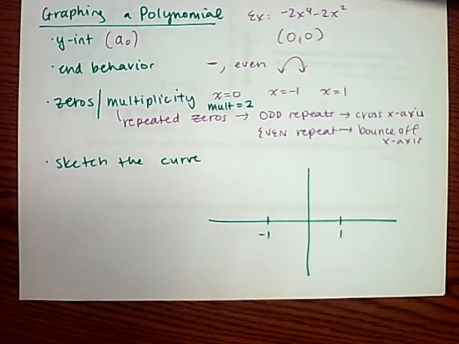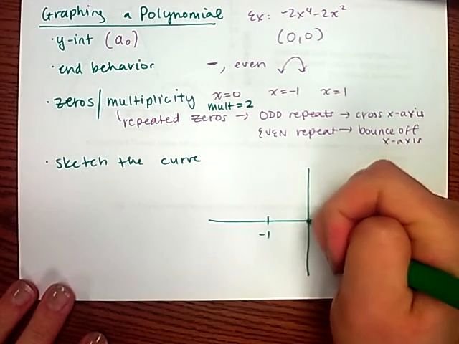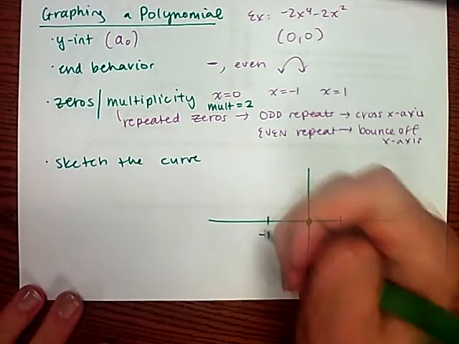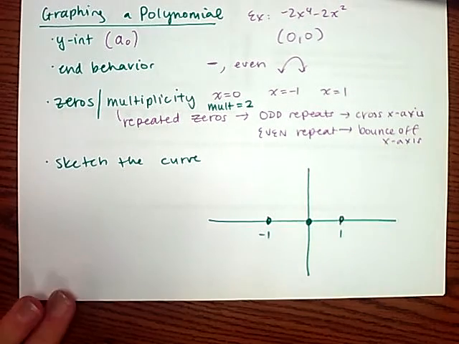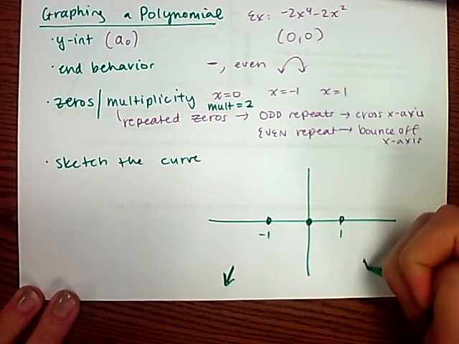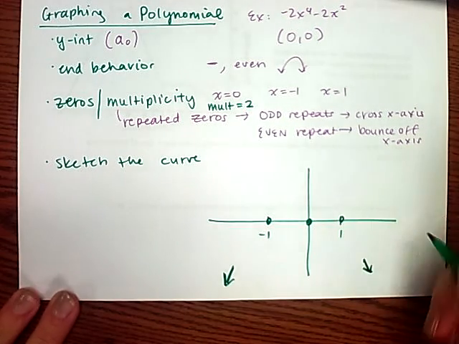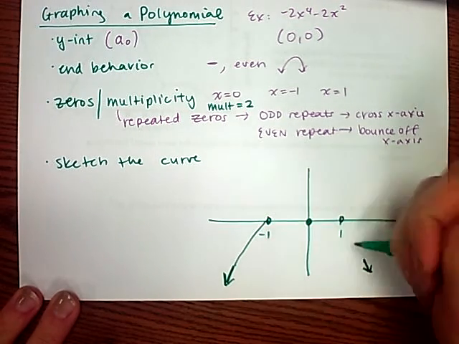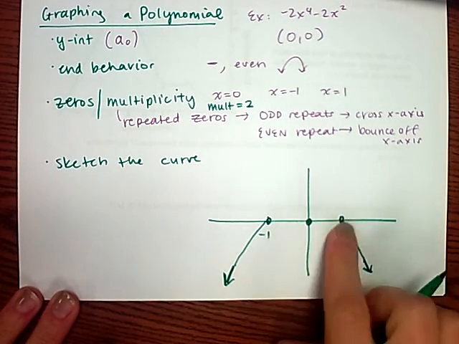And I'm going to start by plotting my y-intercept at 0, 0. I also know I'm going to go through both of these points because those are my other two zeros. And I'm going to start with my end behavior. So I know it should be coming from down here and ending over here. And now I can start approaching my first zero. And what's going to happen in each of these?